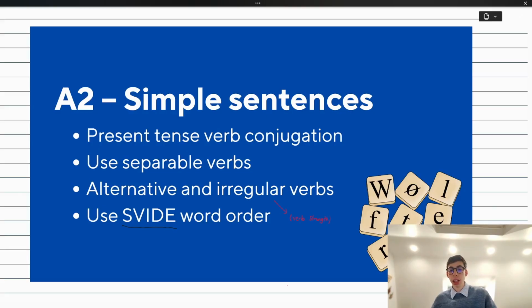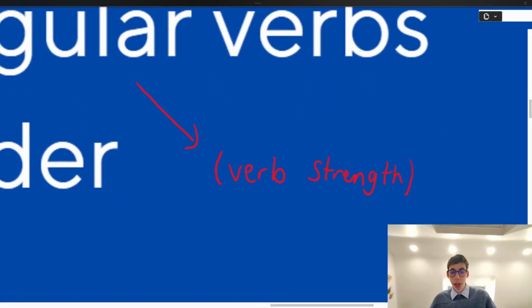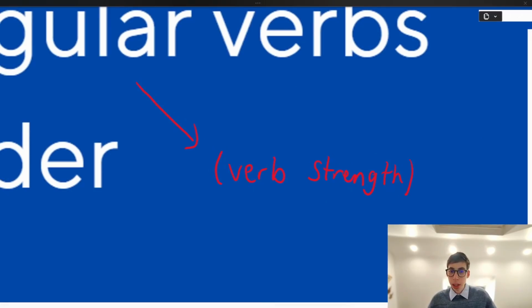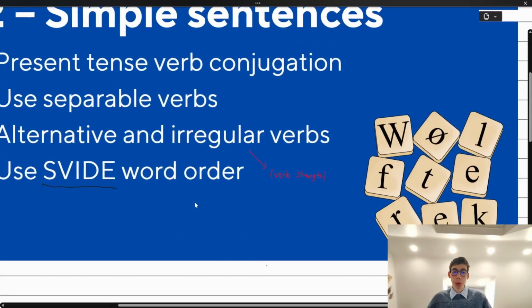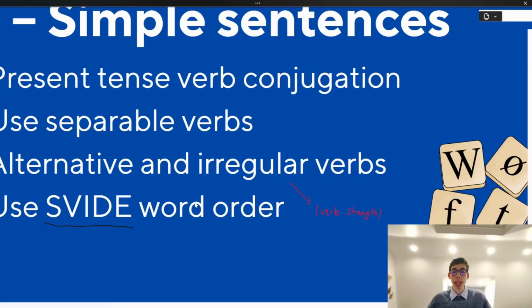And in here, just in red, I've written verb strength next to regular verbs, and that's something that's come up a lot. And what I mean by verb strength is there's a sliding scale about how much verbs want to change as we conjugate them. So if a verb is very weak, it's going to follow the most simple rules, conjugate perfectly, and not change.